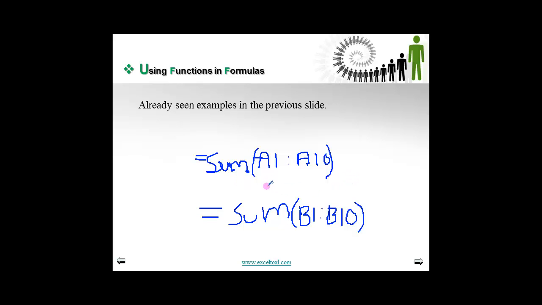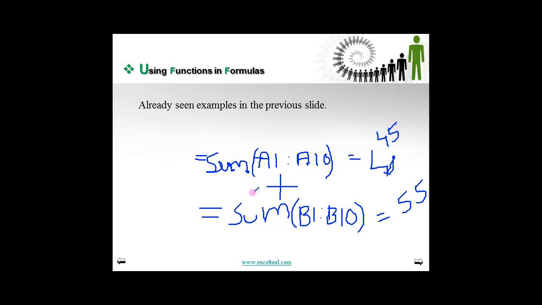Say if we write sum of A1 to A10 plus sum of B1 to B10, this means we are using two functions in a formula. The sum of A1 to A10 gives, say for example, the result 45. The sum of B1 to B10 gives the result 55.